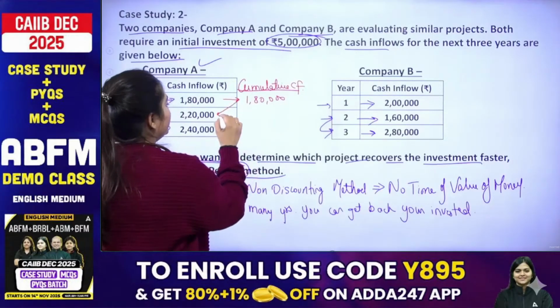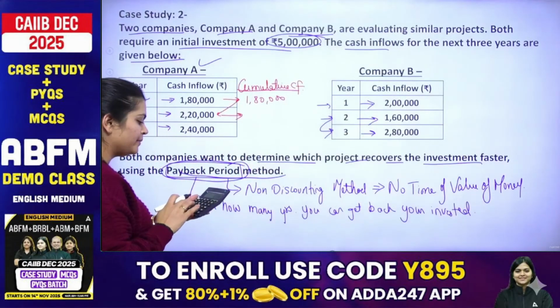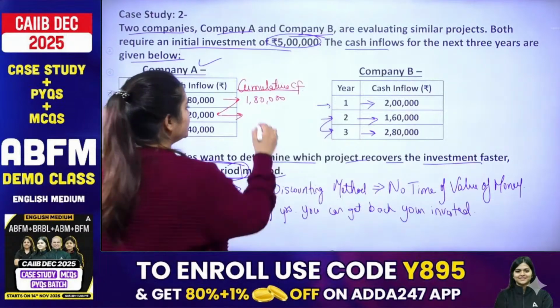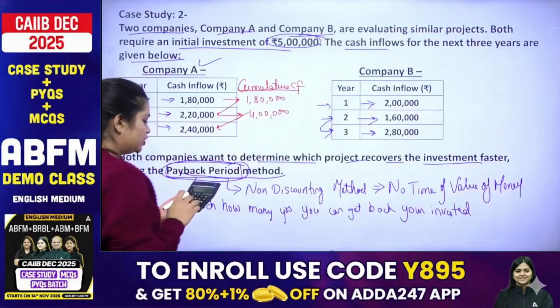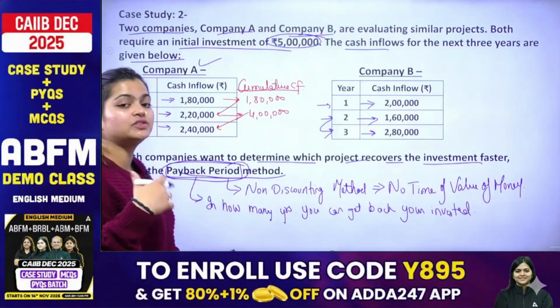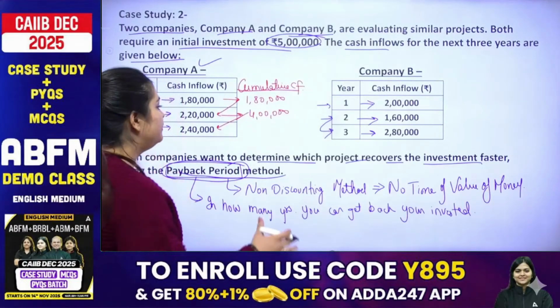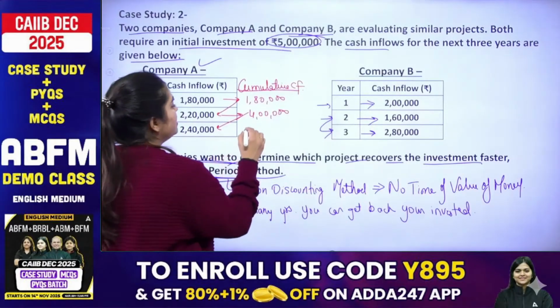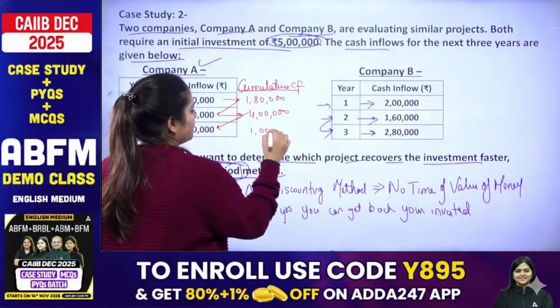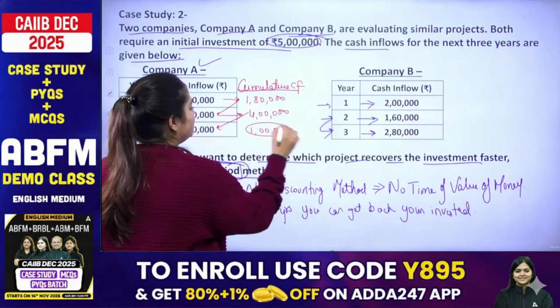For the second year, you add 2 lakh 20, so this is going to be 4 lakhs. If you add here 2 lakh 40, this is going to be 6 lakh 40. But we are not going to work for 6 lakh 40. We need to recover only the remaining 1 lakh.